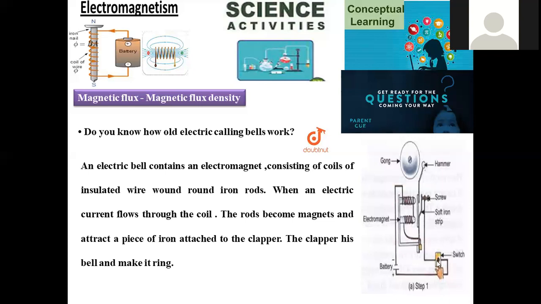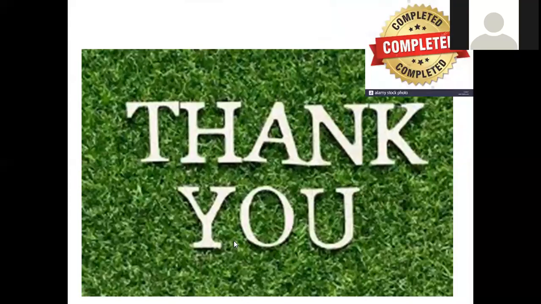So because of this, whenever we switch on the calling bell, this iron will move towards these insulated coiled wires, so that the hammer will hit the surface of the steel gong, so that the alarming sound will be originated and we will get the sense of calling. This is the entire process of the calling bell.